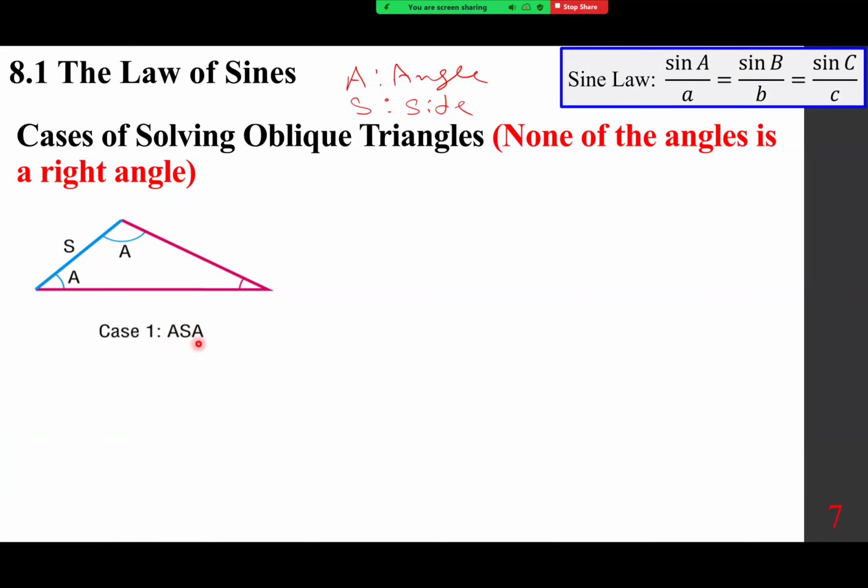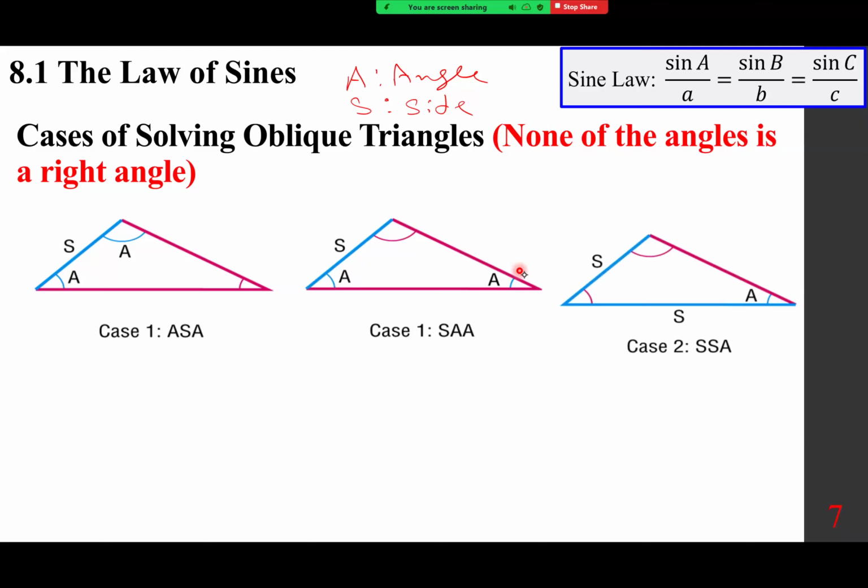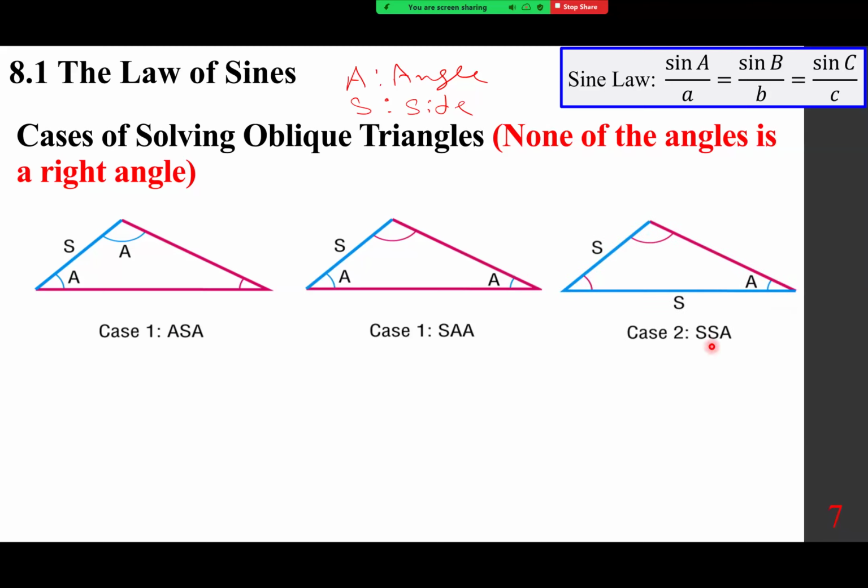So that means we have two angles and the side in between. SAA: we have one side and two angles, and that side is not in between. SSA: we have two sides and some angle not in between. In between is called the included angle.